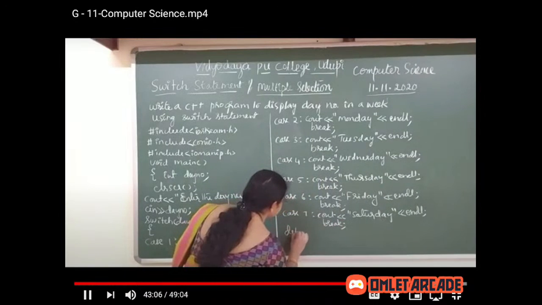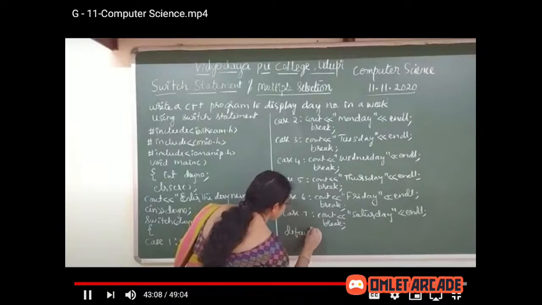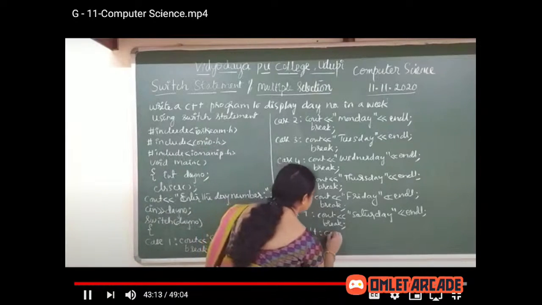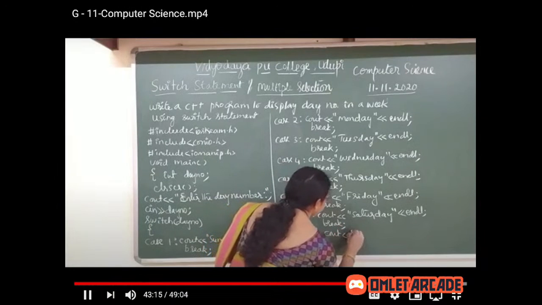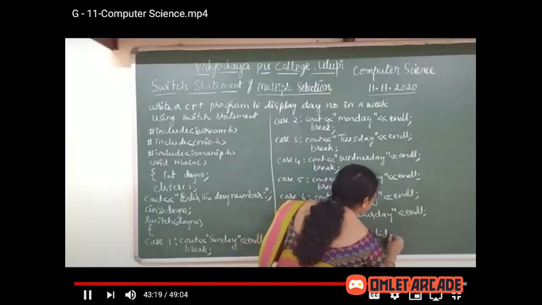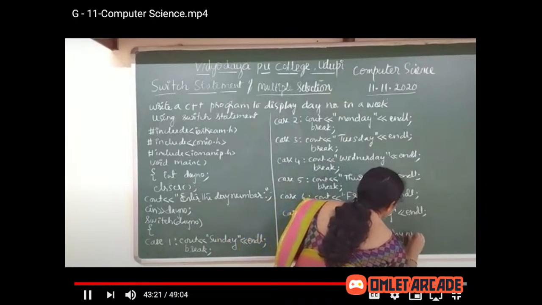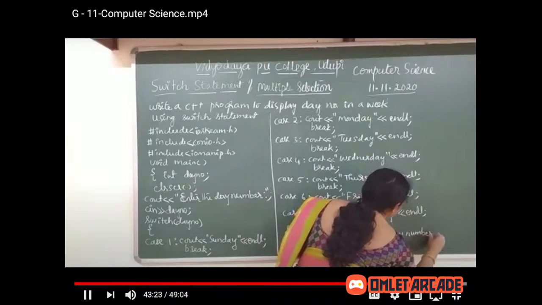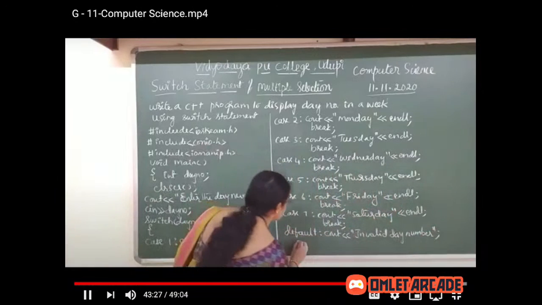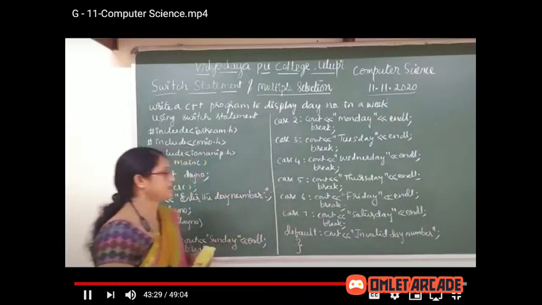Next, default, D-E-F-A-U-L-T, colon. Next, cout invalid day number. Next, close the flower bracket.